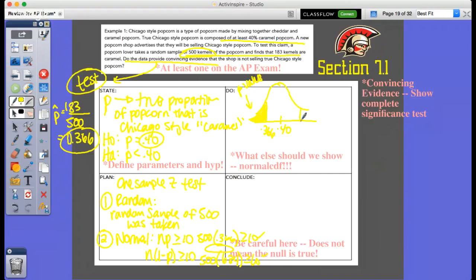Once I get to this point, you could in fact go to your z-score by saying z is equal to your estimate minus your parameter divided by standard deviation, which would be 0.366 minus 0.4 divided by the standard deviation. By the way, the standard deviation is different, you have to figure that out with a proportion, doing the square root of p times 1 minus p divided by n, right?